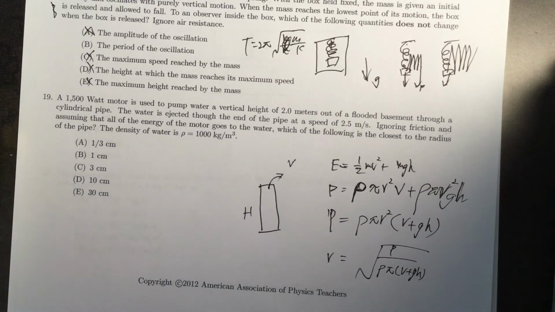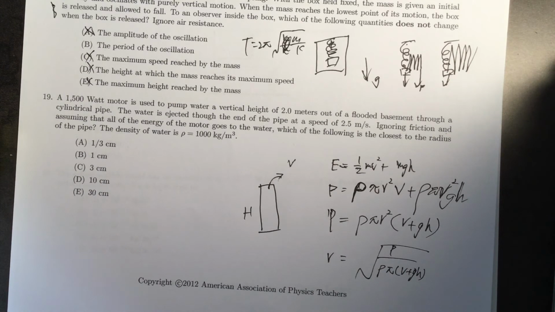We know the power of the motor is 1,500. You divide by 1,000, which is the density, divide by pi, also divide by 2.5 plus 10 times 2, which is equal to 0.021 meters, which times 100 is equal to 2.1.